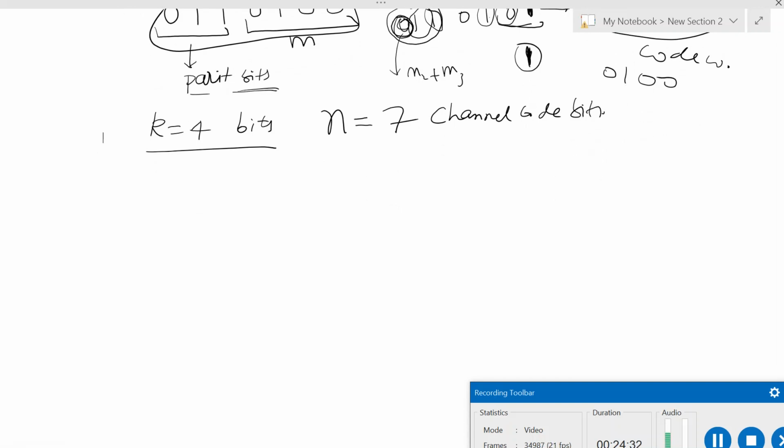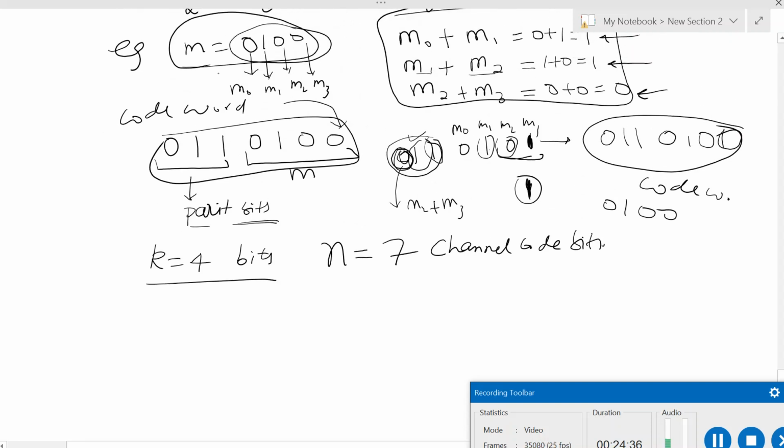And one more thing is, if you look at the code of this message, part of the code I will represent by C. So part of the code contains message bits also. These 4 bits are message bits also. Such codes which contain message bits as it is, as a part of code, they are called systematic codes.